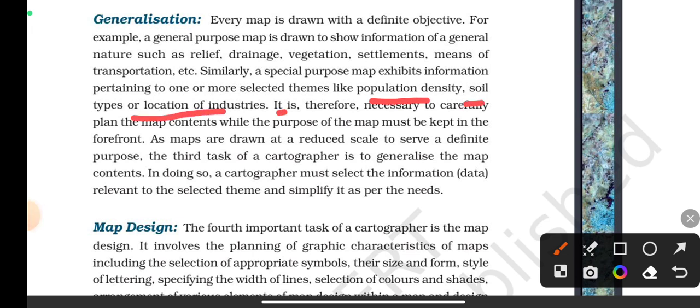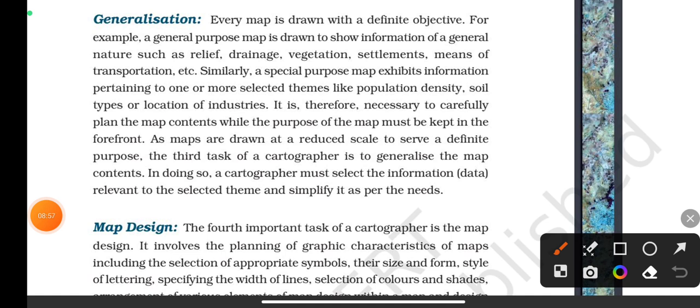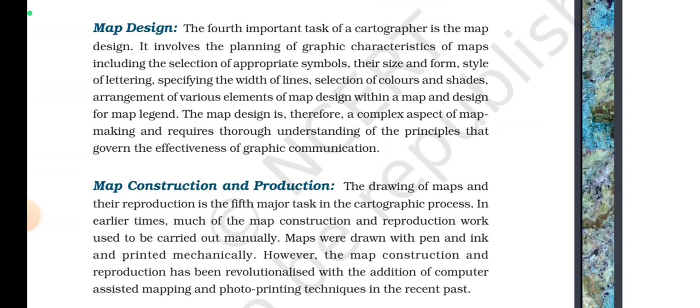It is therefore necessary to carefully plan the map contents, while the purpose of the map must be kept in the forefront. As maps are drawn at a reduced scale to serve a definite purpose, the third task of a cartographer is to generalize the map contents. In doing so, a cartographer must select the data relevant to the selected theme and simplify it as per the needs. Next is map design.